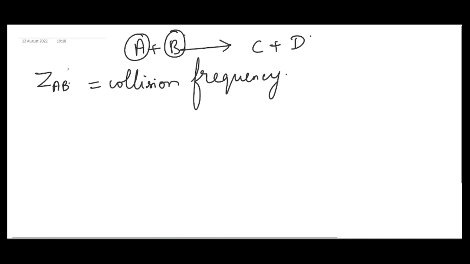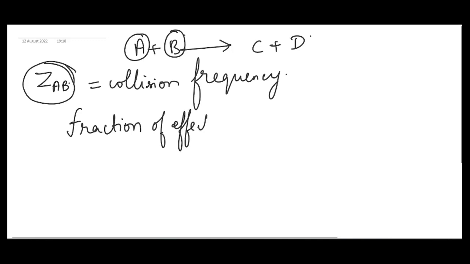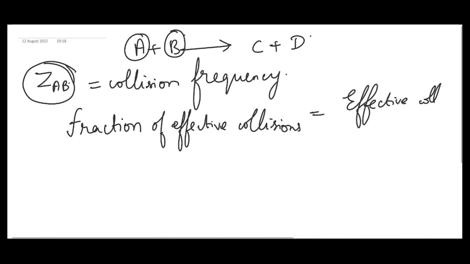Here it is nothing but the total value A into the fraction of the effective collisions. The fraction of effective collisions is nothing but effective collisions by total collisions.